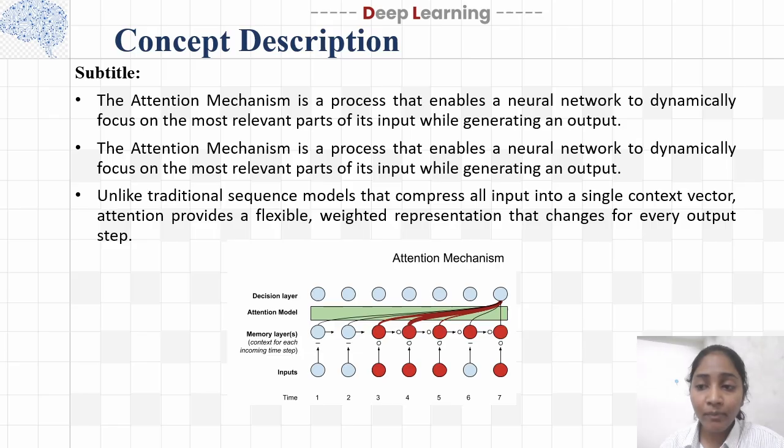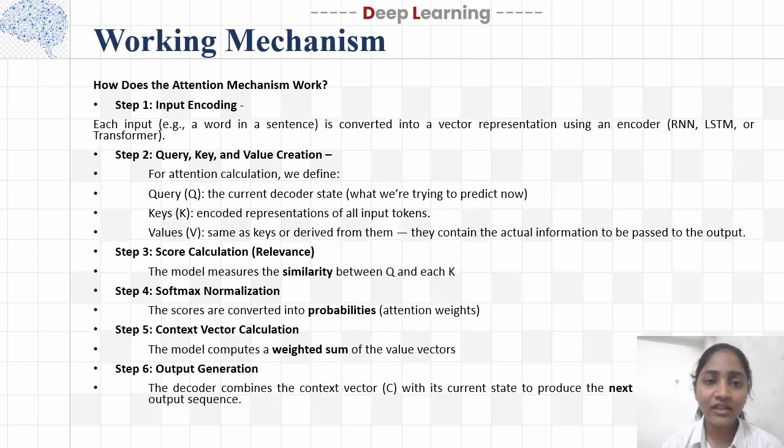So this is the entire working of the attention mechanism. Let's see how the attention mechanism works. I have discussed the diagram already, but here are the steps of how it works computationally and mathematically. Step 1, each input is converted into a vector representation using an encoder, which can be an RNN, LSTM or transformer. Step 2, we create three fields: query, key and value.